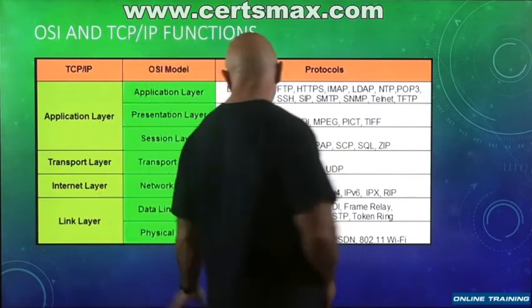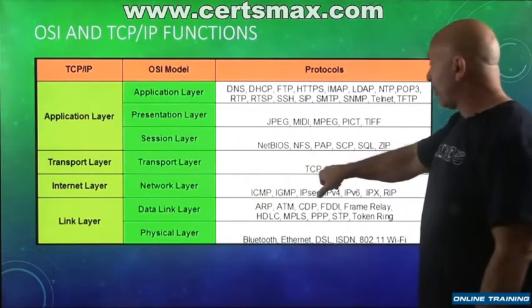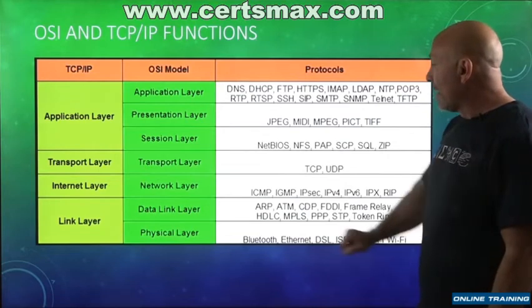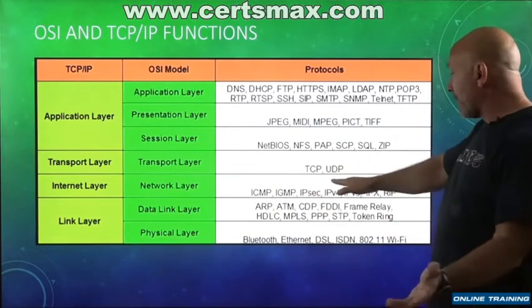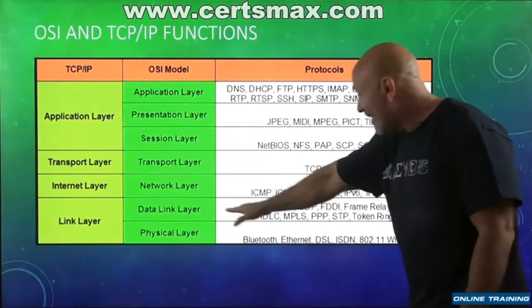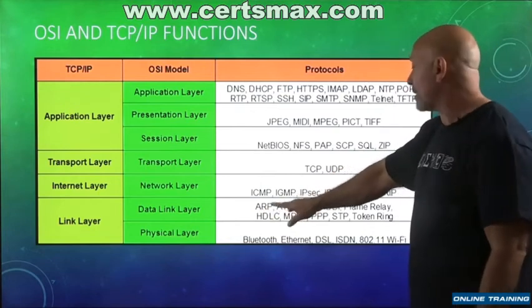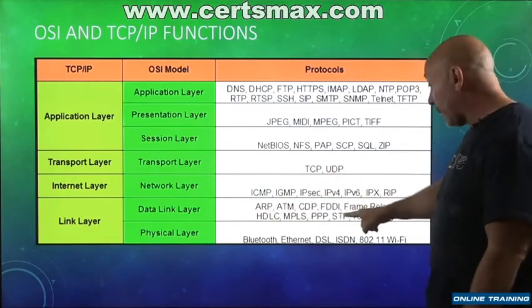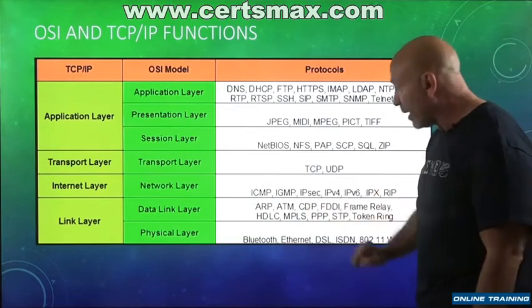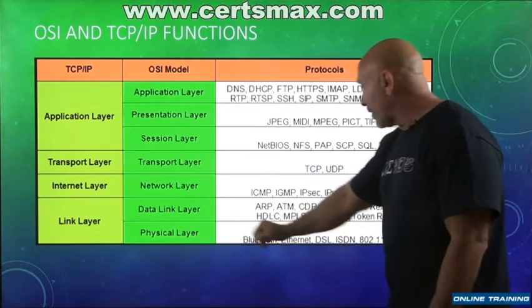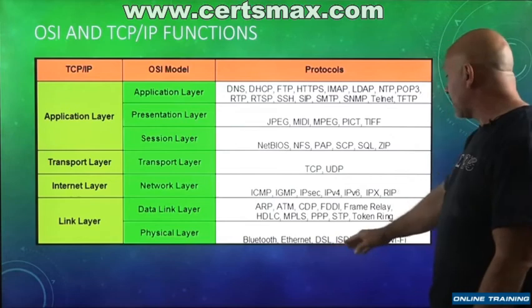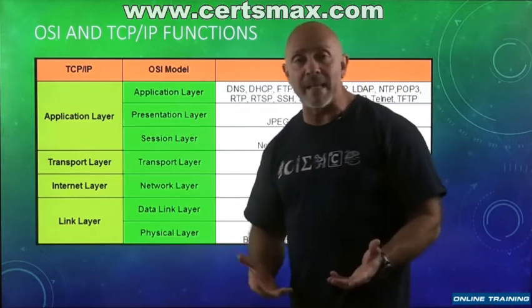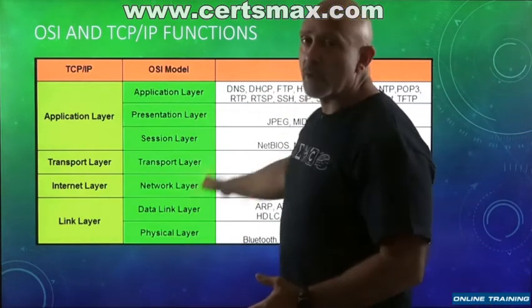Then the transport layer has the 2 main protocols. The network layer deals with ICMP, IPsec, and obviously IPv4. Data link has ARP, not in IPv6, ATM, CDP, PPP, which are WAN protocols, MPLS, HDLC. And then the physical layer: Bluetooth, Ethernet, DSL, ISDN, cabling, things of that nature. This is what you need to know.